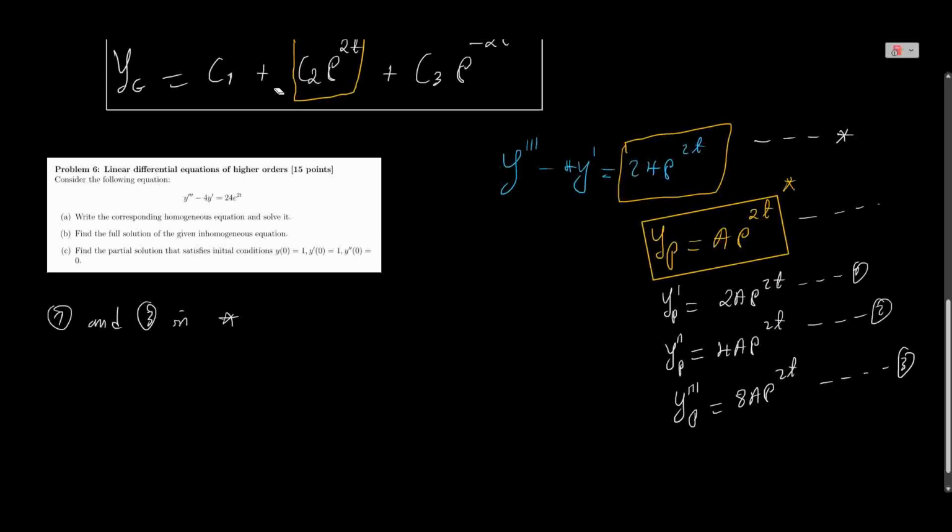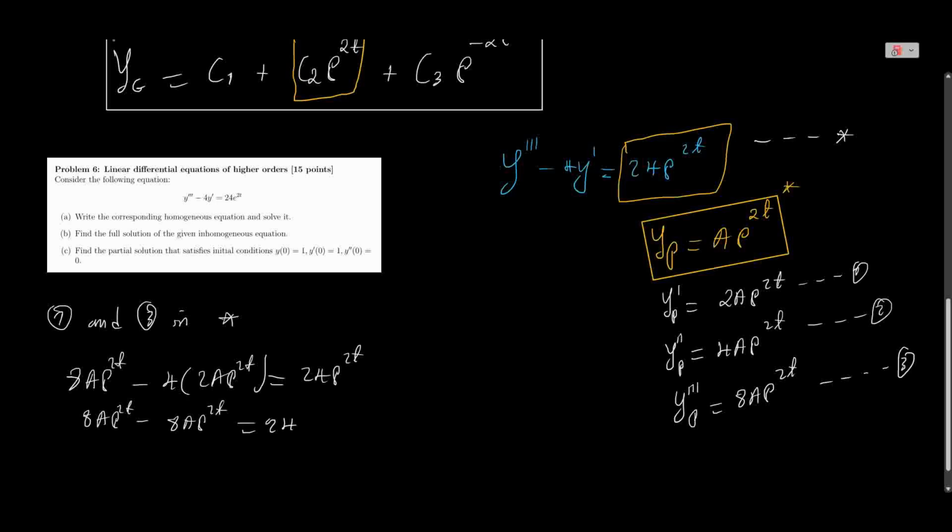So in our equation star, y triple prime is 8a e raised to the power 2t minus 4 times 2a e raised to the power 2t equals 24 e raised to the power 2t. We notice that this is 8a e raised to the power 2t minus 8a e raised to the power 2t equal to 24 e raised to the power 2t. So 0 should be equal to 24 e raised to the power 2t.